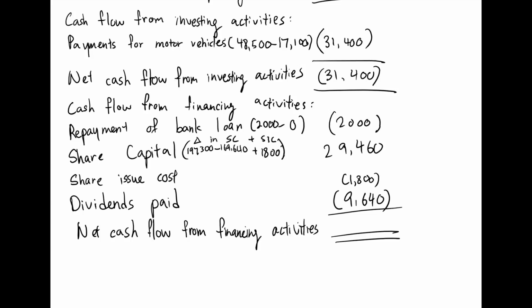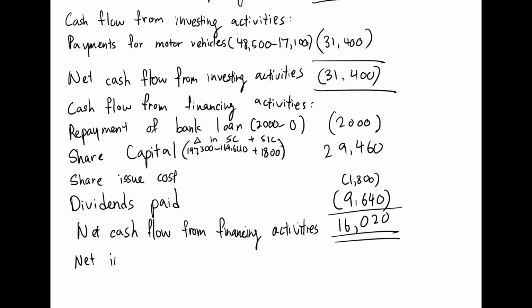This figure will be negative 2000 plus 29460 minus 1800 minus 9640. You will get 16020.